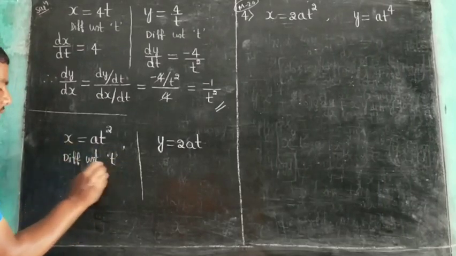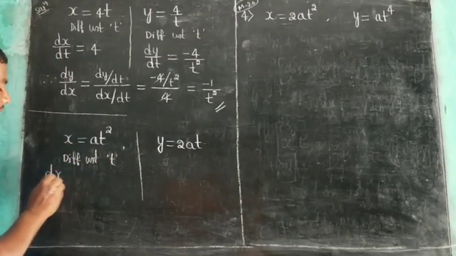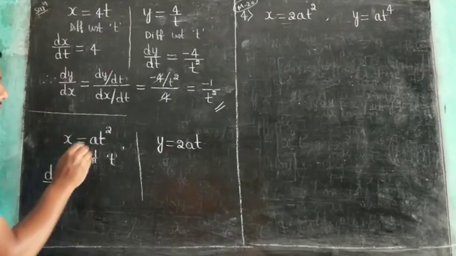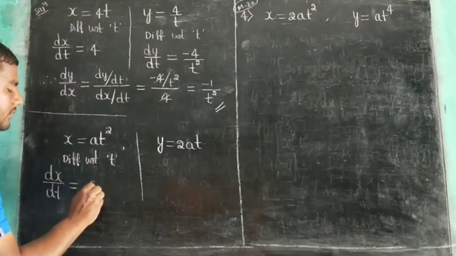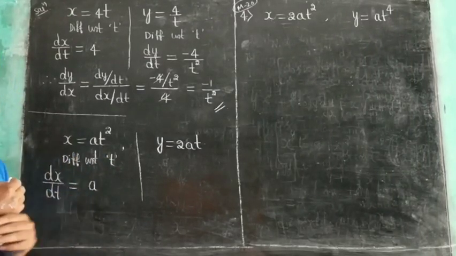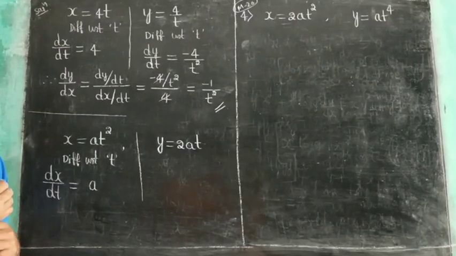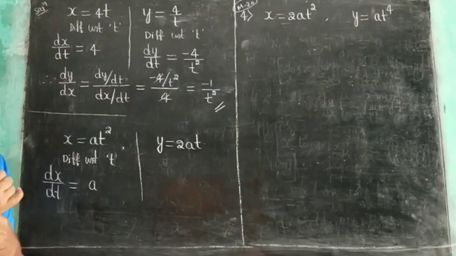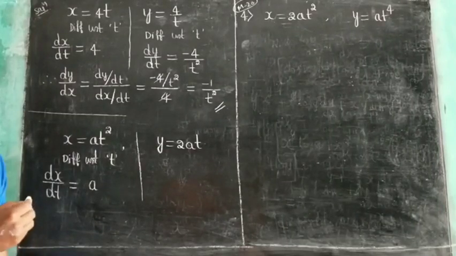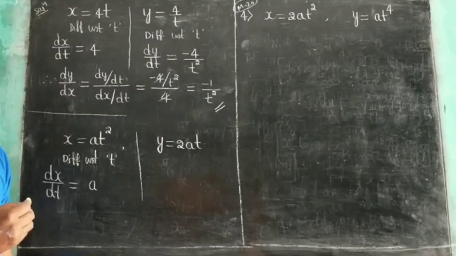The derivative of x with respect to t, dx divided by dt, is equal to a, which is a constant. The derivative of t square with respect to t is like the derivative of x square. The derivative of x square is of the form x power n, so 2x.